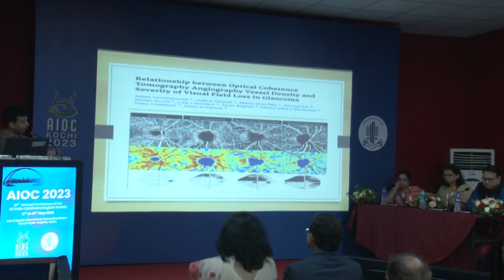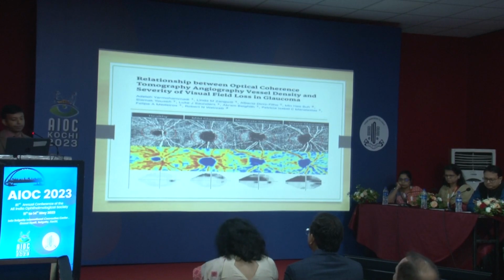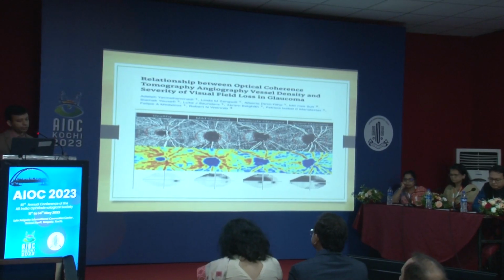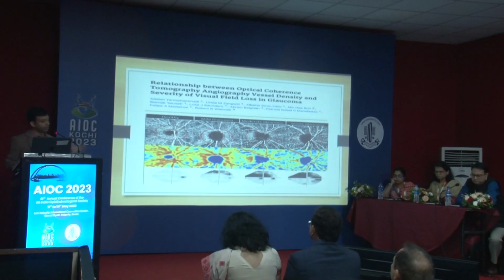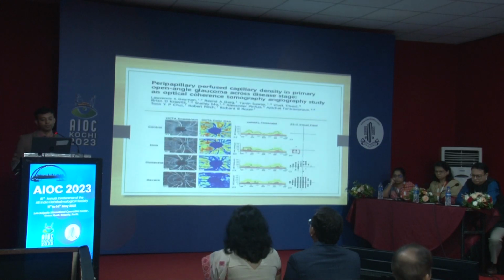If there is any correlation between the visual field and OCT angiography, this paper by Yarmohammadi et al. has shown that it actually corresponds with the visual field defect. The more severe the glaucoma, the more the vascular density reduces.